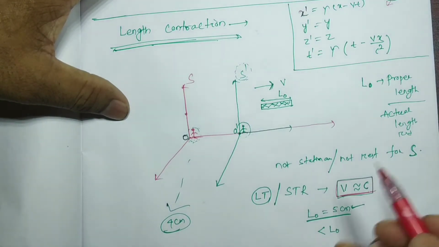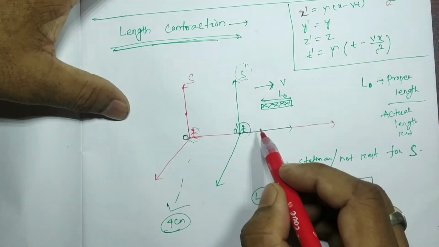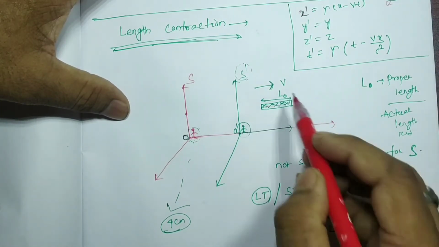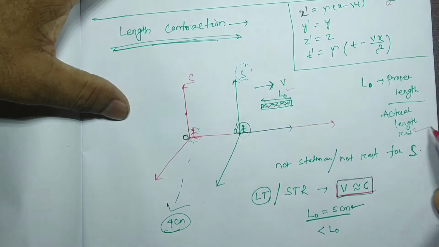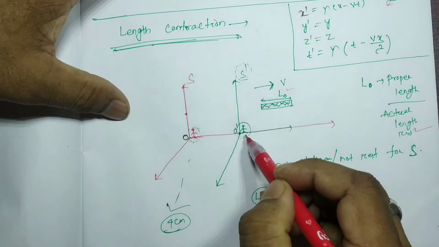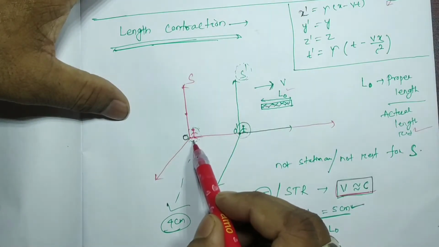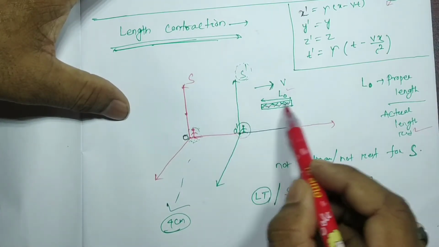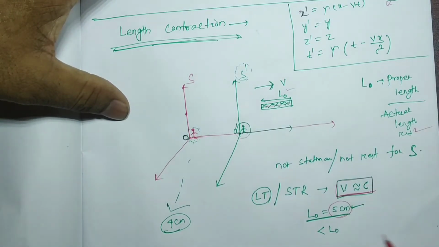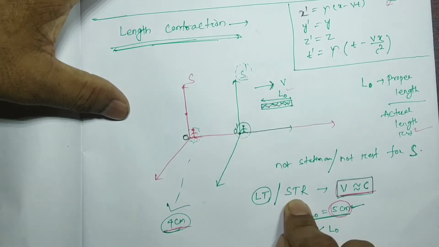But in the same frame of reference, this length is your proper length L0, the actual length of the rod, measured by this observer. Whenever this observer measures the length of the rod, he will measure less than the actual length of 5 centimeter, and it will be 4 centimeter. This is the beauty of the special theory of relativity.